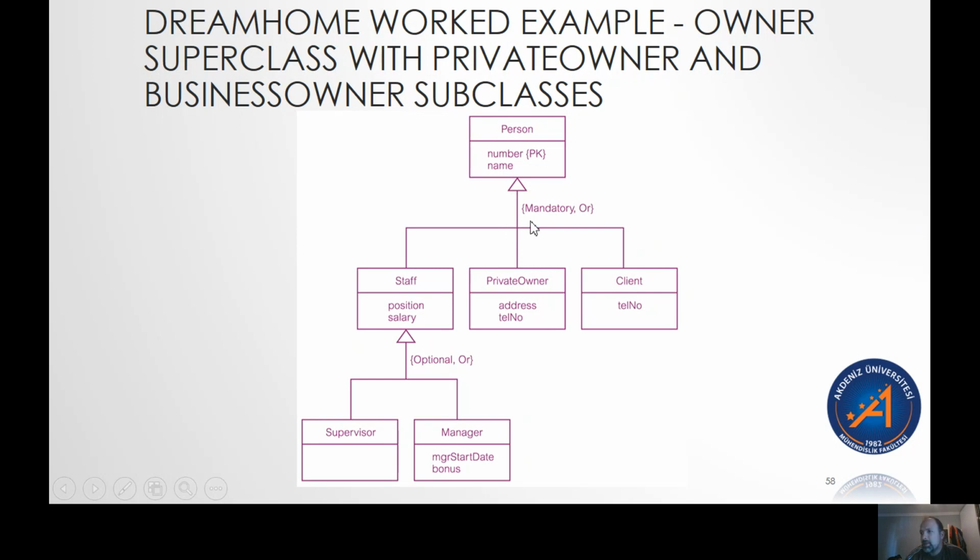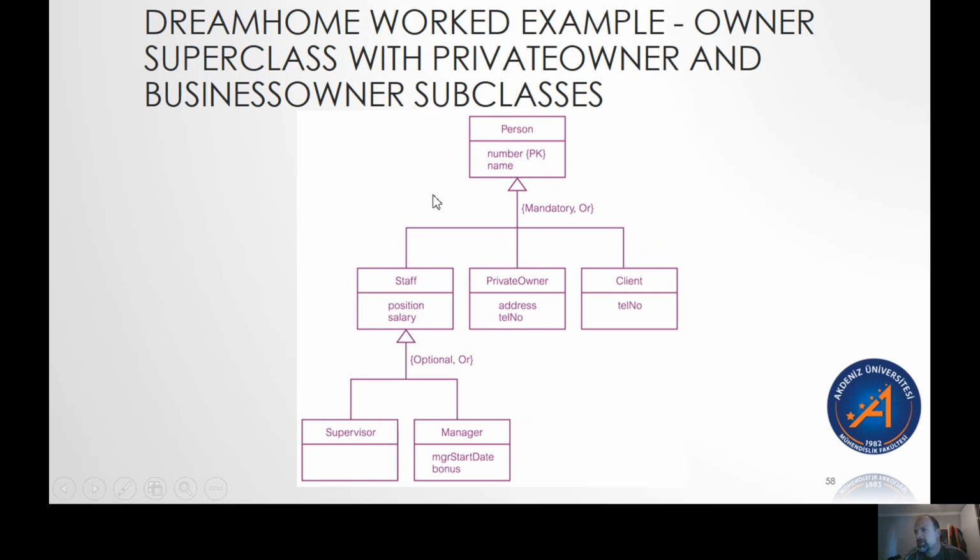So the way we would look at this is we have our database contains people, right? We're going to keep track of people, of person objects or person rows. And every person is going to have some things in common. A number, so an ID, a name, maybe an email, a phone number, all kinds of things that all people have in common.